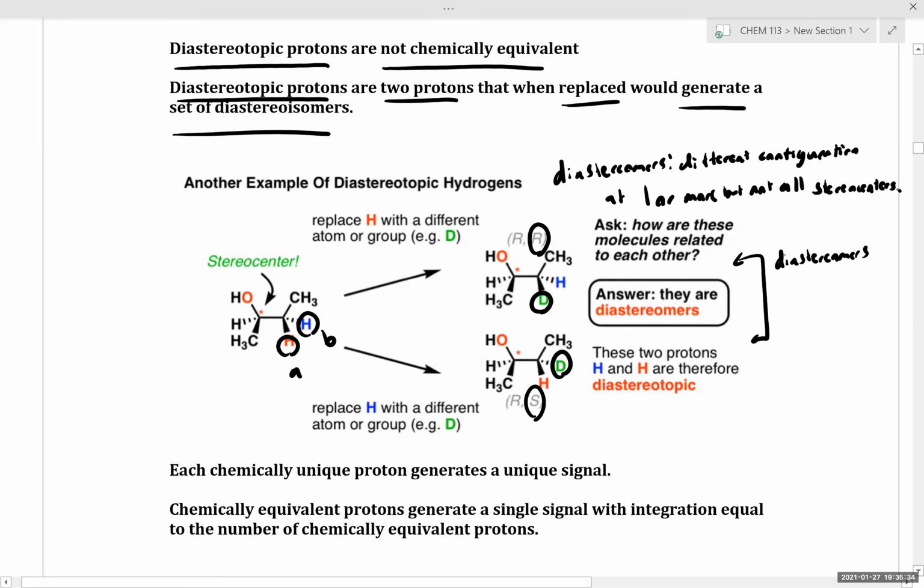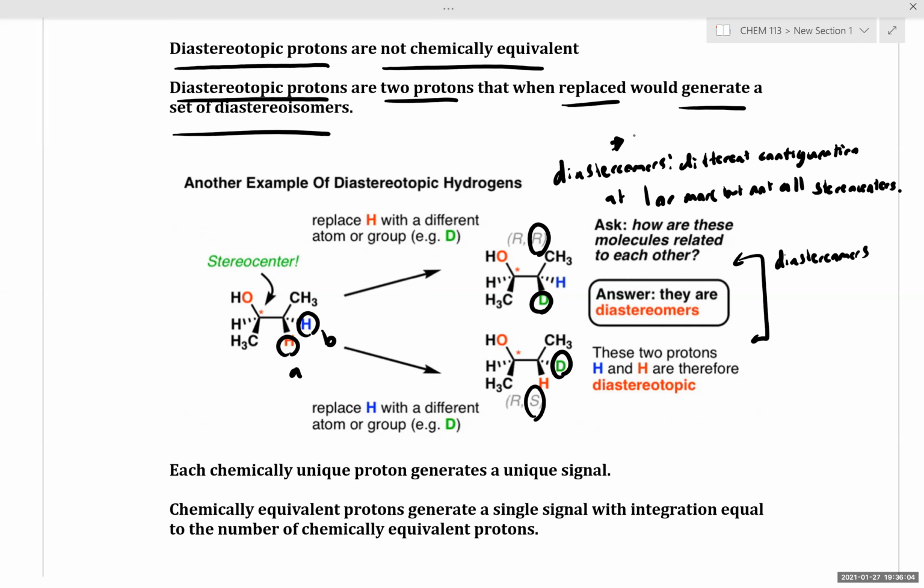Does this seem familiar from 112? Does this definition of diastereomers look familiar? So diastereotopic hydrogens, when replaced, would yield a set of diastereoisomers. Diastereotopic hydrogens are chemically unique. They have different chemical shifts and they have different splitting patterns.